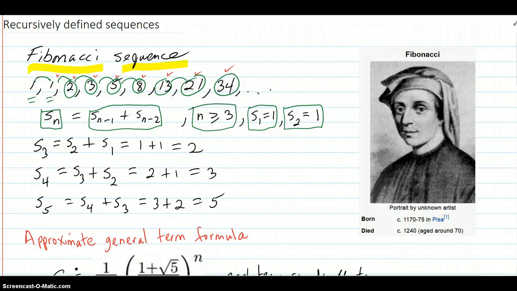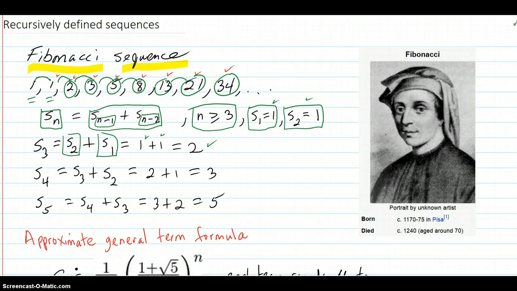So if you start with S sub 3, that'll be the previous two, S2 plus S1, say n minus 1 and n minus 2, and that will be 1 plus 1, because that's what was given for those two, which is equal to 2.